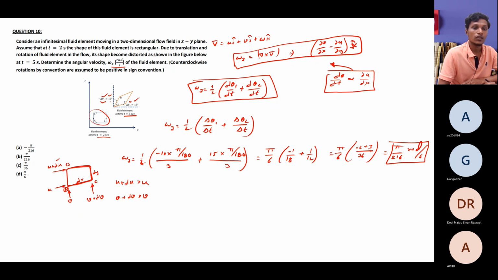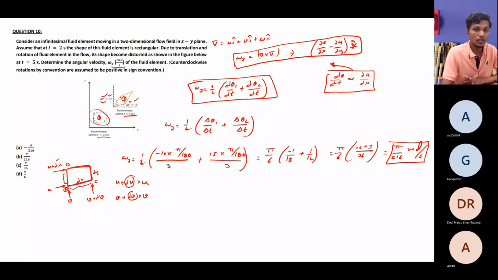If you assume like that, definitely u and v will convert your entire fluid element from point 1 to point 2 in time. It will move from this point to this point, but these additional velocities, dv and du, will deform your element. The edges will deform like the way you are seeing in point 2.